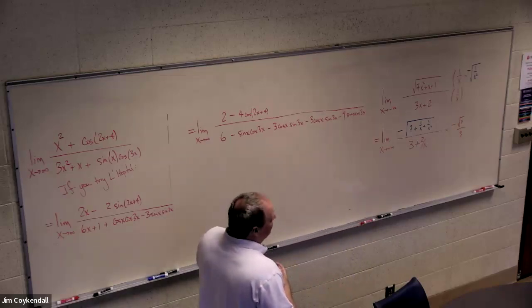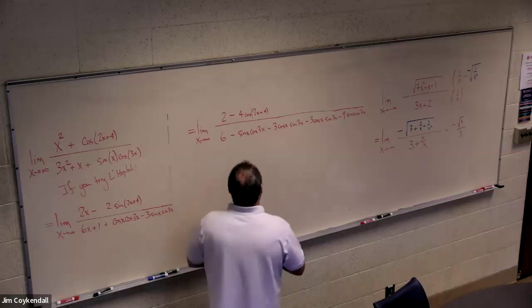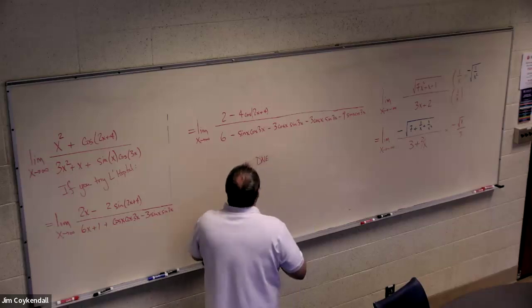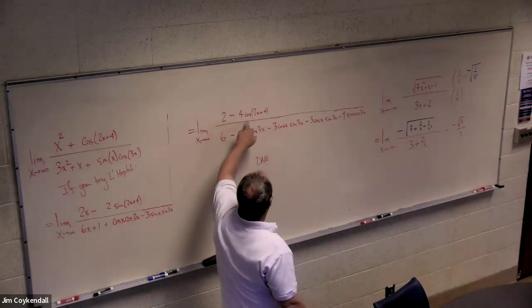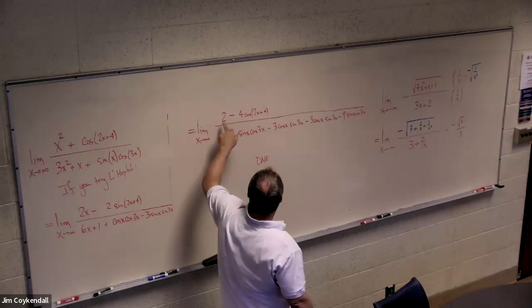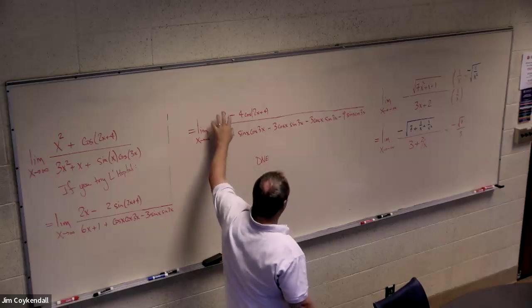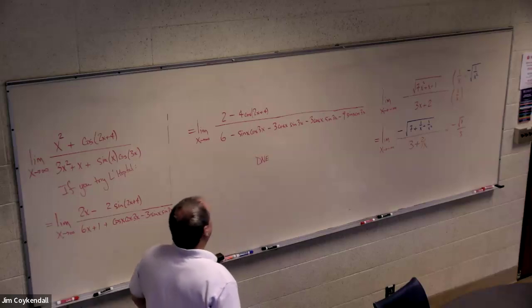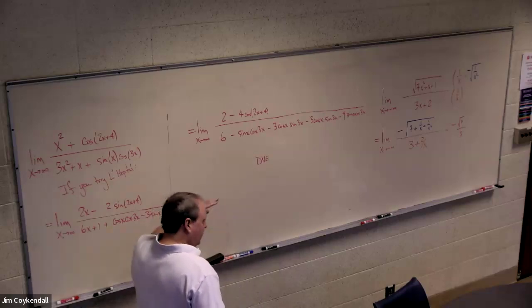Well, no, you're done now. And I'll tell you why, because the limit here does not exist. Because what happens is this number right here is floating back and forth between plus 4 and minus 4. So this fraction here, the numerator, is going back and forth between 6 and minus 2.